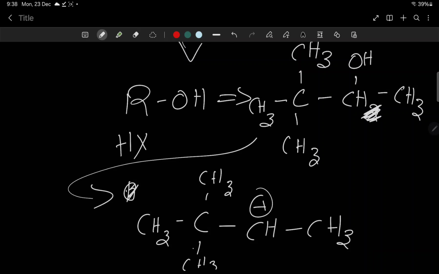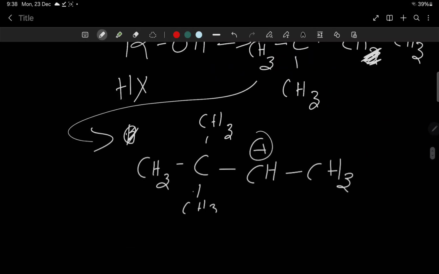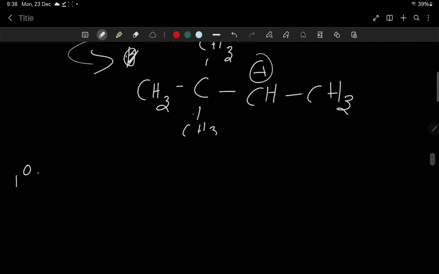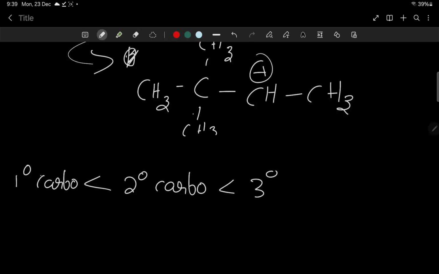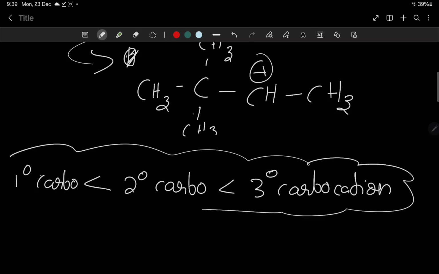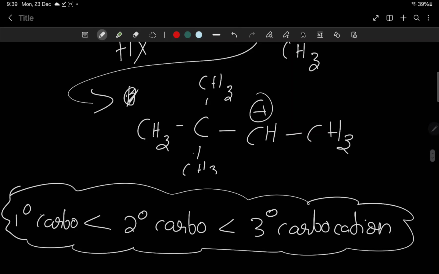In the first year reaction mechanism chapter, we learned that a primary carbocation is very less stable, then secondary, then tertiary. This is the order for carbocation stability. So a tertiary carbocation is more stable. Here this is a secondary carbocation, stable but not as stable as tertiary.